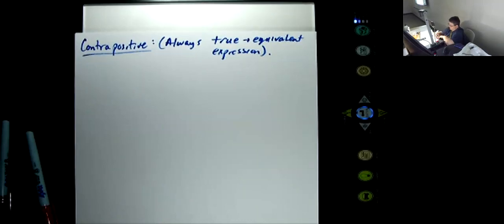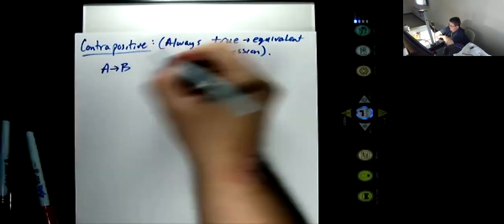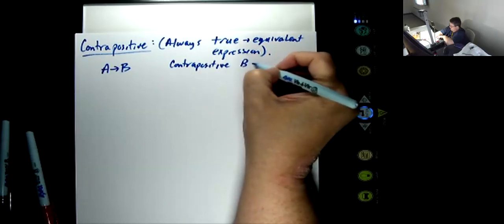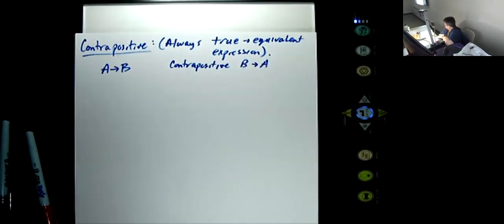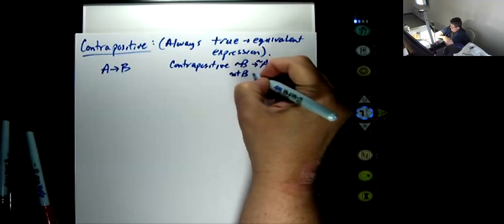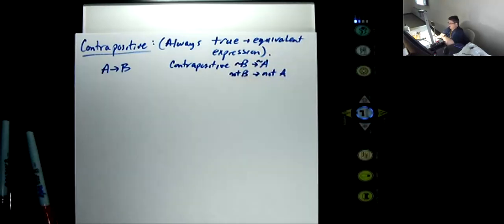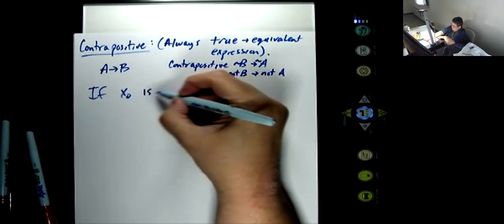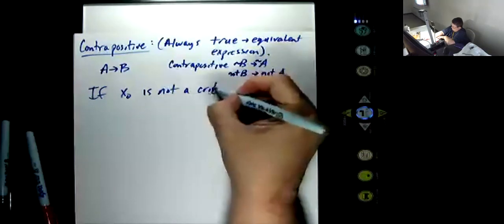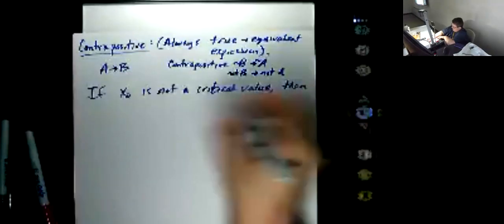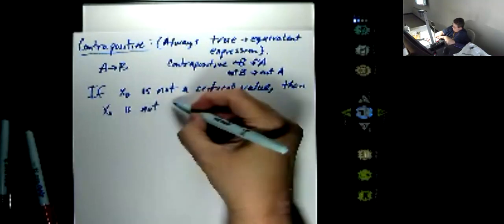So if we had A implies B, then the contrapositive is not B implies not A. So in this case, not B would be x naught is not a critical value, and not A is x naught is not a relative extrema.